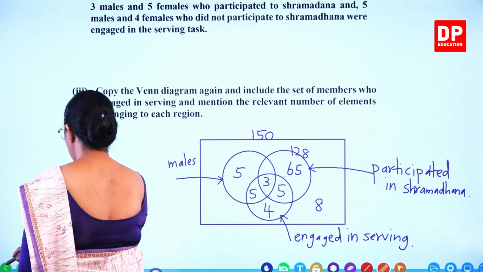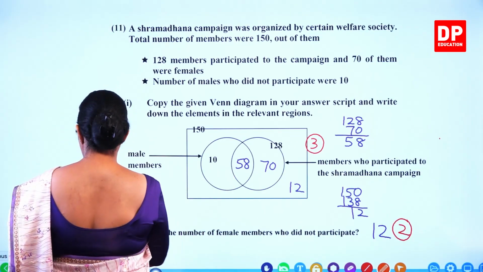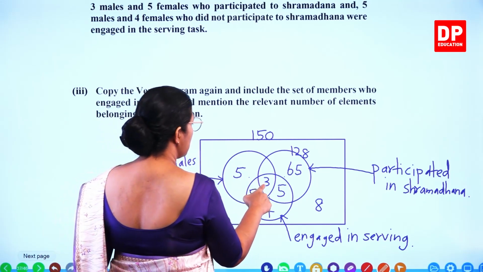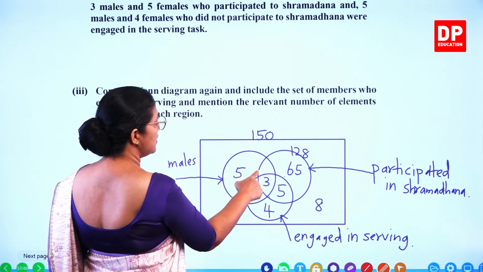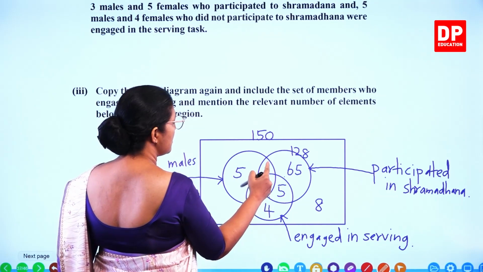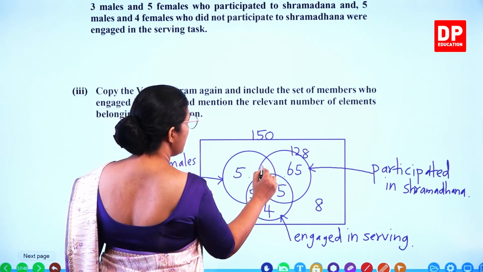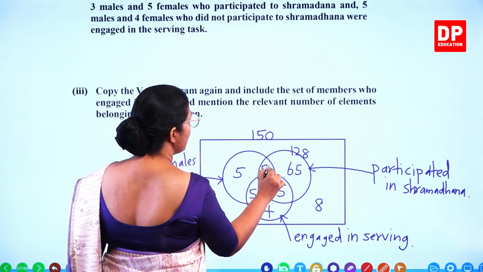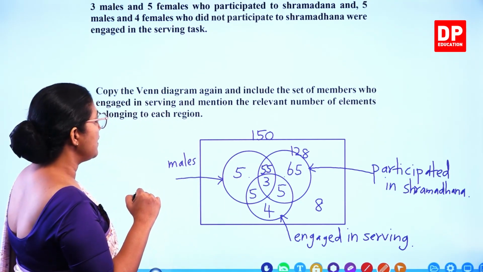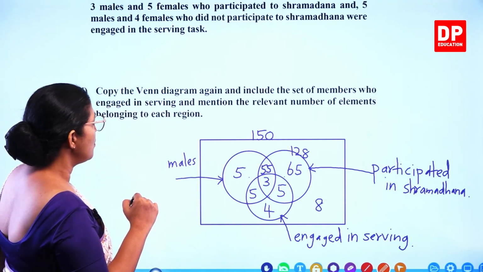What's the common part? 58. So 3 here from 58 part. 58 minus 3, 55. So this should be the new diagram.